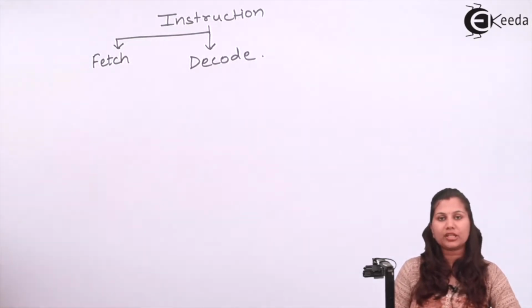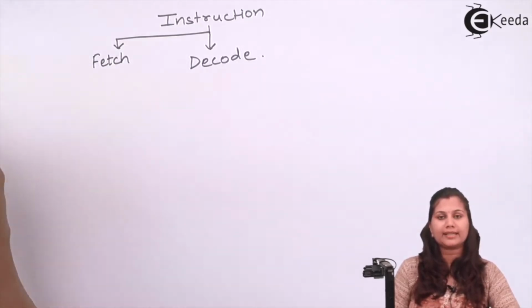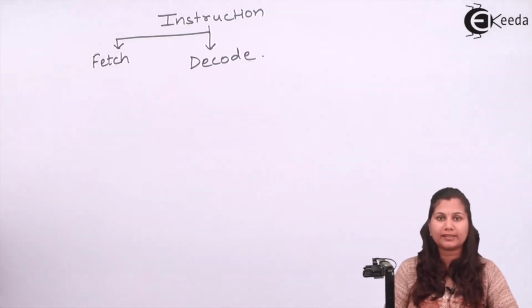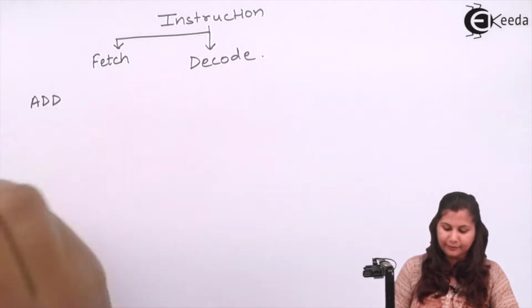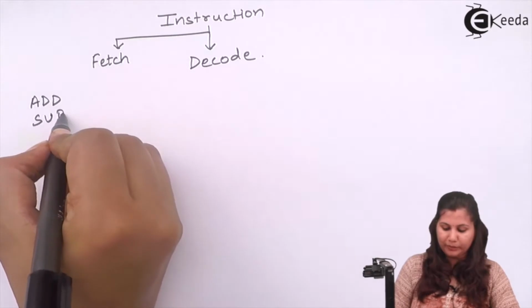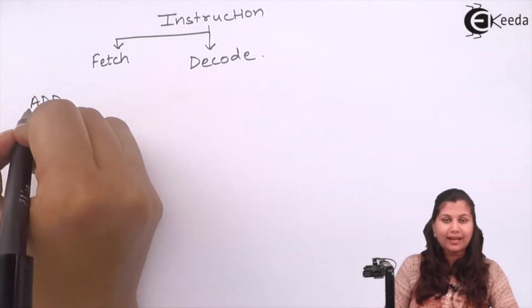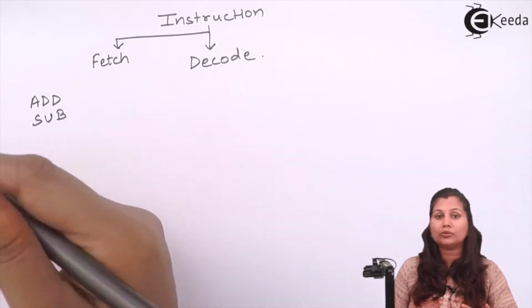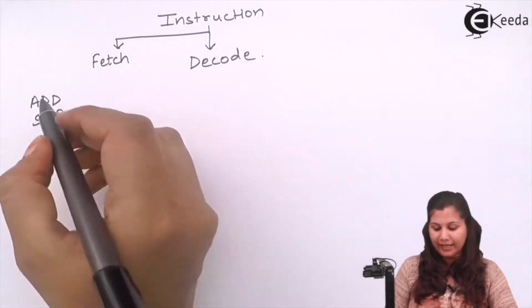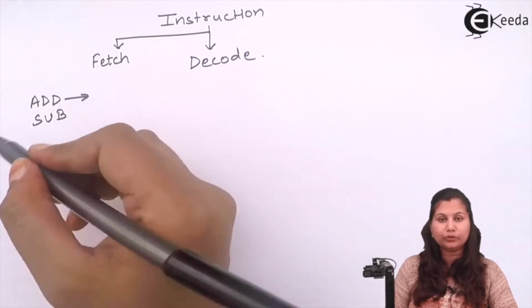Decode means it will change it into machine code, because the microprocessor is a machine and understands machine language only, but we are writing the program in assembly language, in the form of mnemonics. Like if we write add or sub, we understand it is an addition or a subtraction operation, but for the machine to understand it, it will convert this add into machine code.